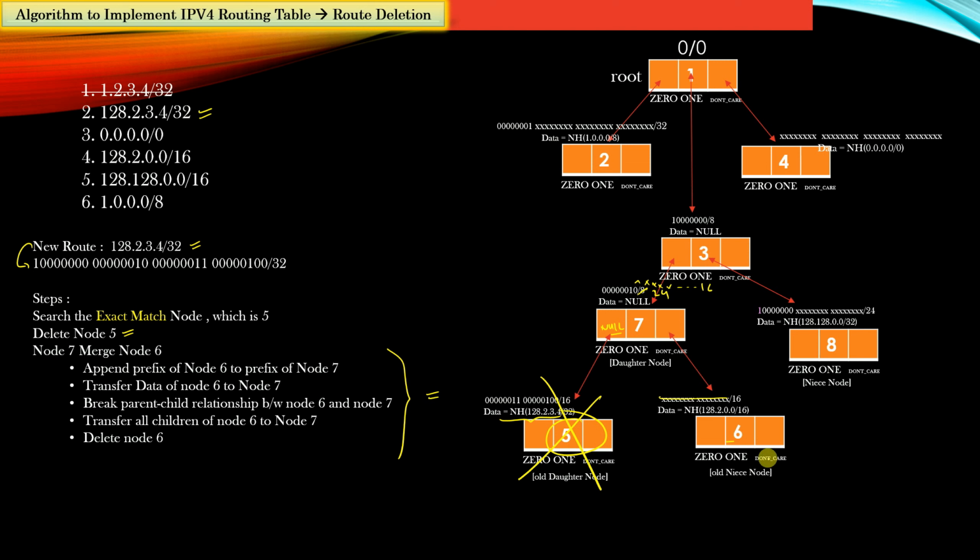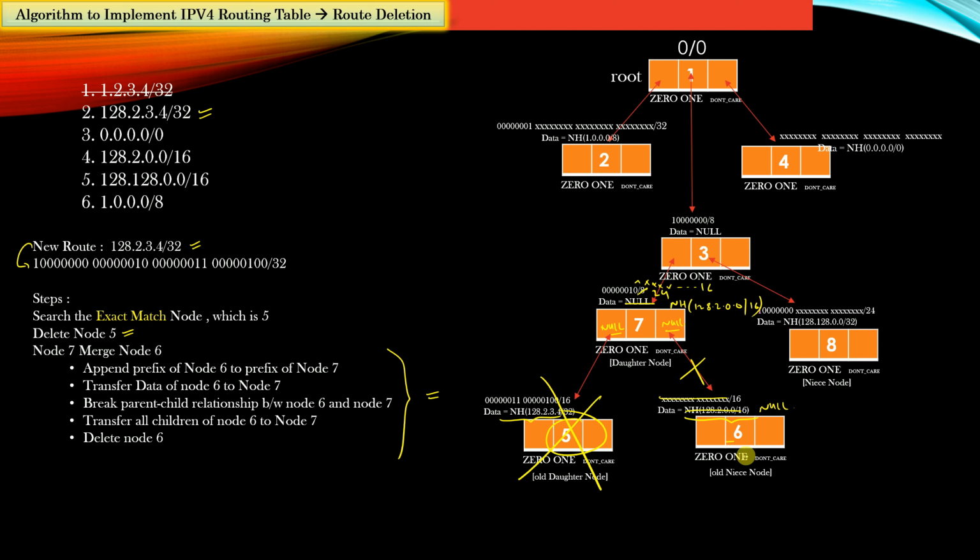Then transfer the data of node 6 to the data of node 7. So the data part of node 6 would become null. Then break the parent-child relationship between node 7 and node 6, so the node 7 pointer needs to be adjusted to point to null. Now transfer all the children of node 6 to node 7.